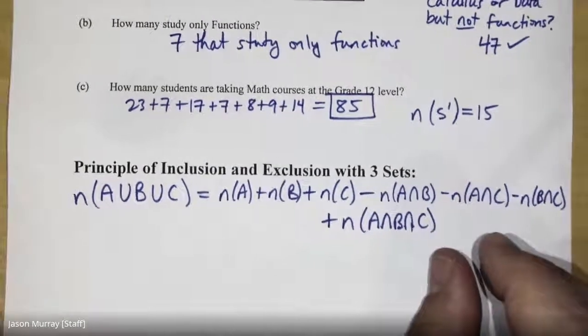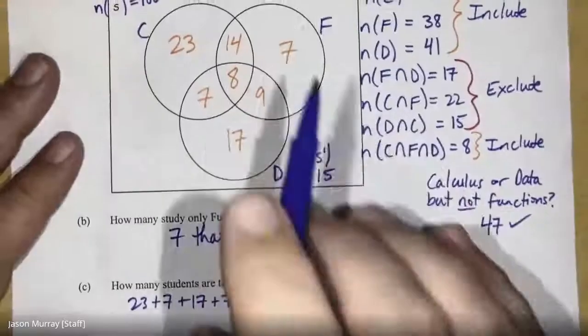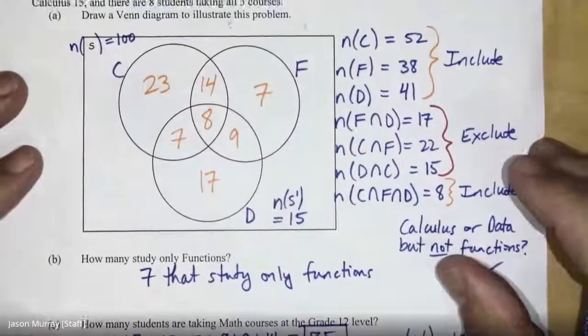Ella? Do you mind explaining again just why we had to subtract the 8 twice? Gavin? Yeah, so basically when you put down each circle, so when you put down the C circle, you're counting everything inside of it. And when you put down the F circle, you have to exclude the 14 and the 8 because they both overlap there.